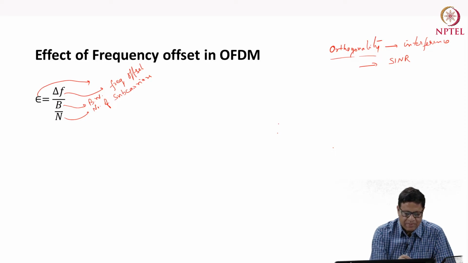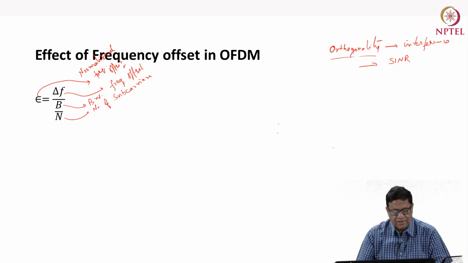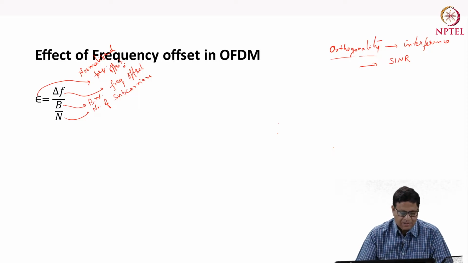So I'm defining a parameter epsilon, the normalized frequency offset, which is defined as delta F, the frequency offset, divided by the spacing between two subcarriers, which is B by N. B is the total bandwidth and N is the number of subcarriers.